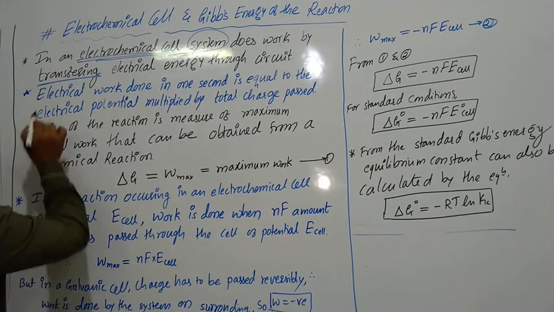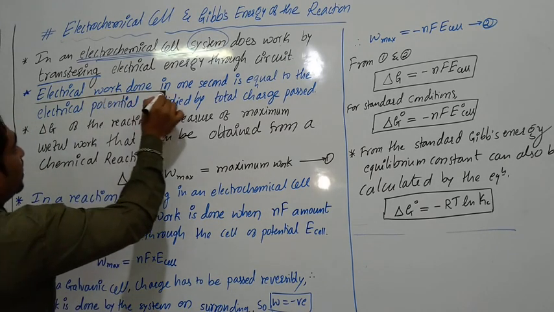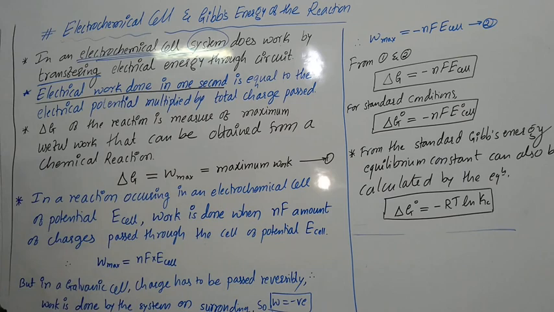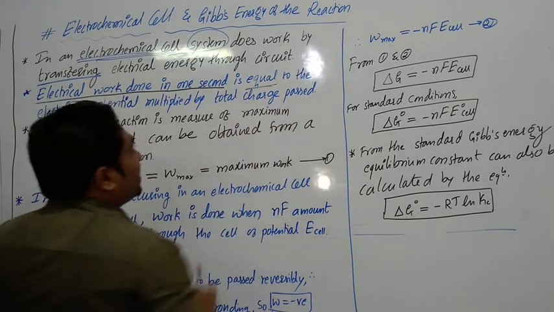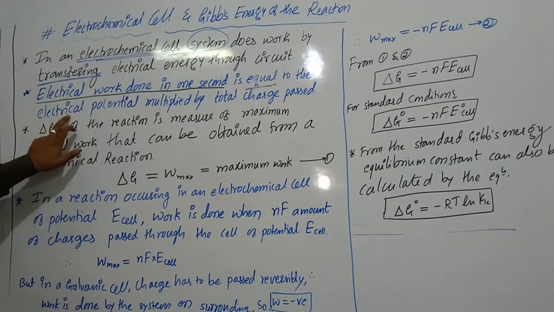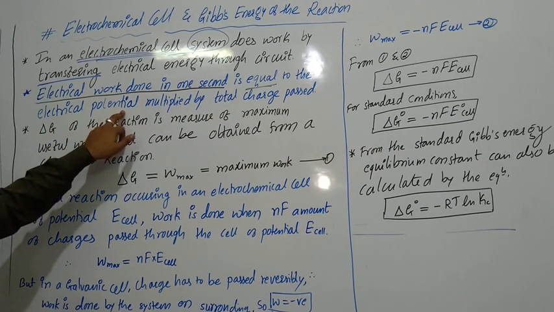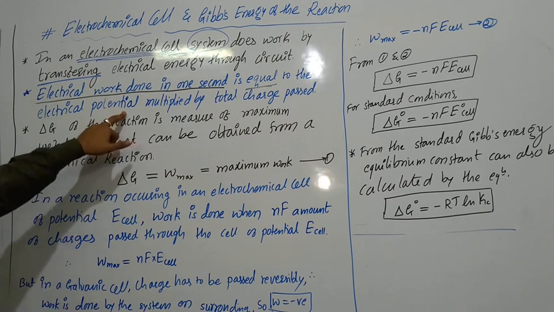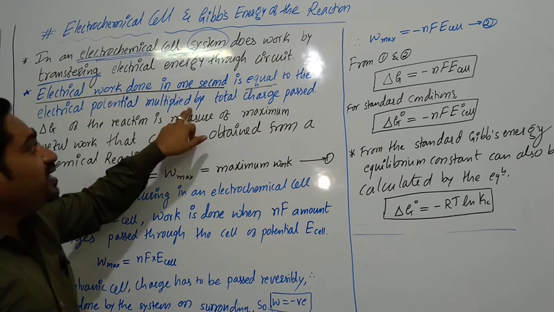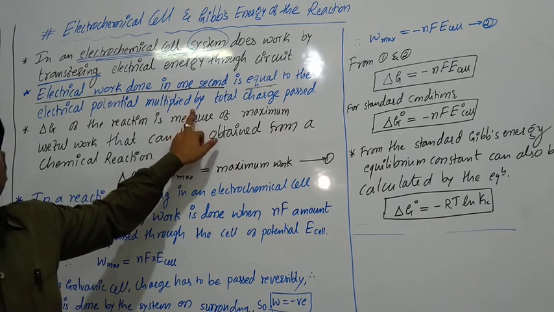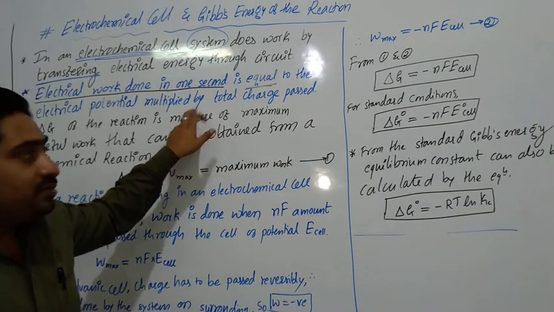Now we know that electrical work done in 1 second is equal to how much? Electrical work done is equal to the electrical potential of the system. Electrical potential is nothing but cell potential. Electrical potential of the system multiplied by total amount of charges passed.